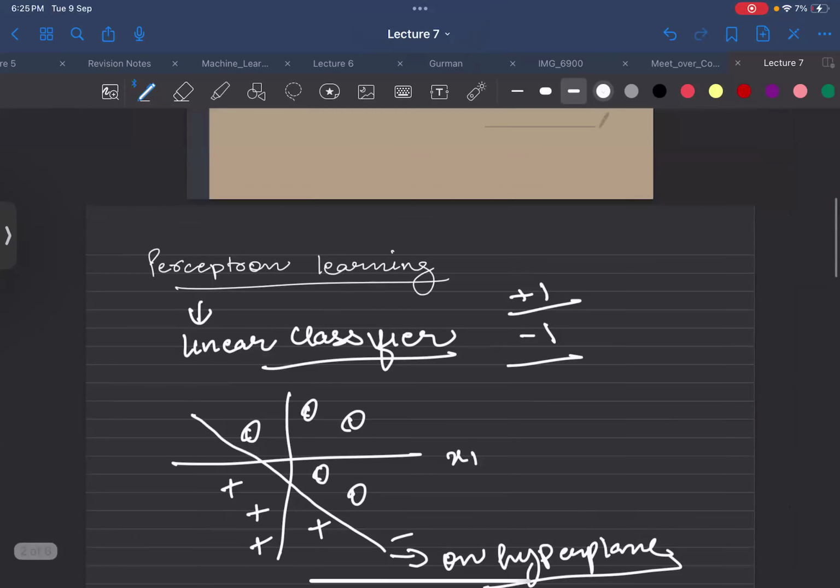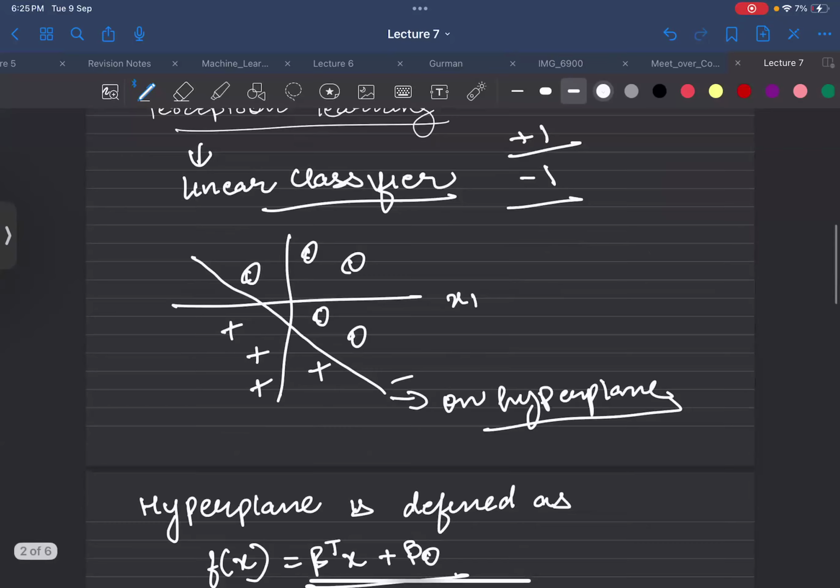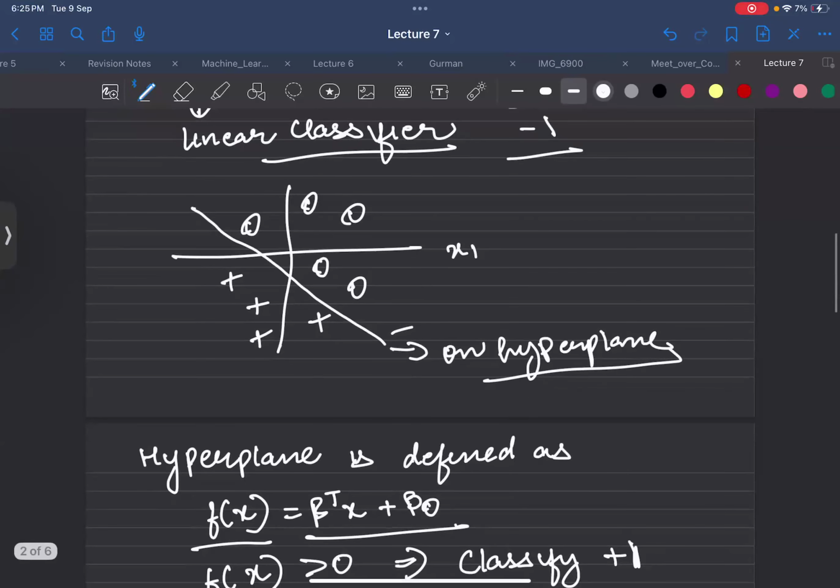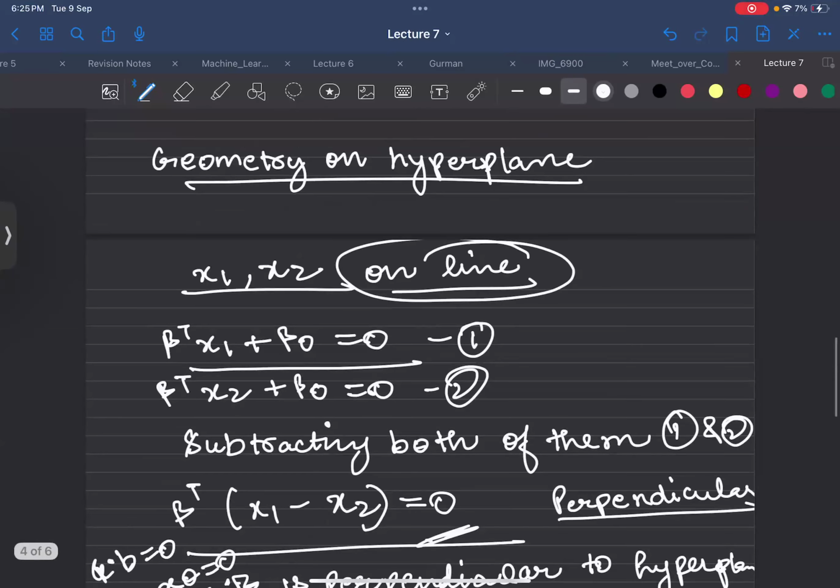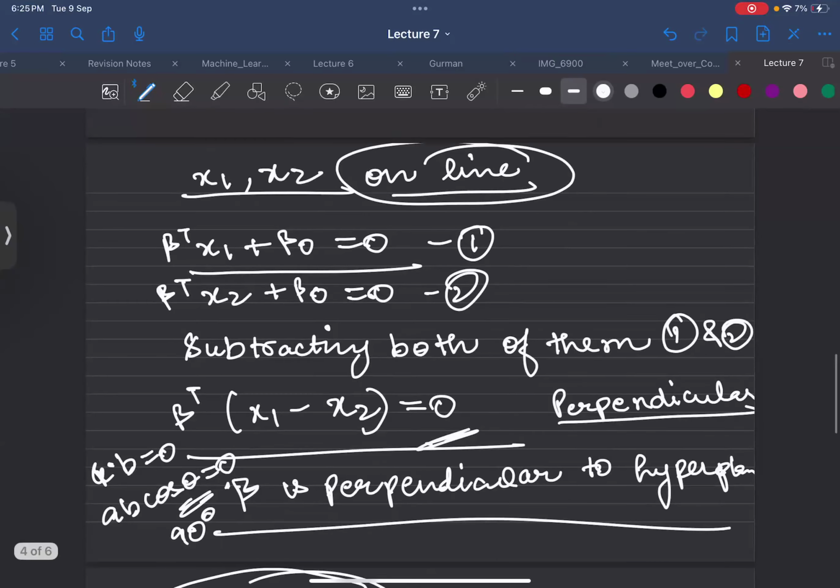What we are saying is that the perceptron is a linear classifier dividing the points. Are x1 and x2 points on the hyperplane? Yes, exactly. That's why they're equal to 0. Whenever the points are on the hyperplane, they'll be equal to 0.